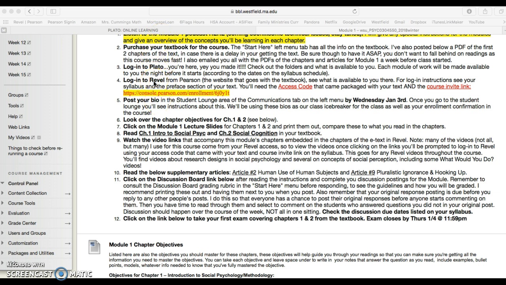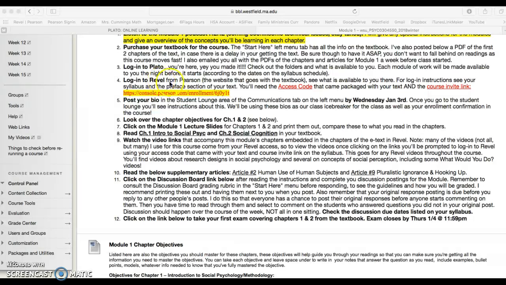Today, the bulk of your day should be spent logging into Plato, checking out everything that I've put in here for you, logging into Revel, which is the online access that comes with the textbook, seeing what's there, working out any kinks if you're not able to get access.